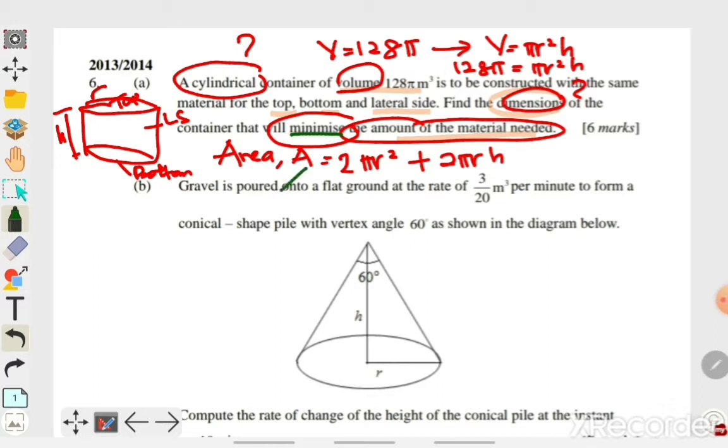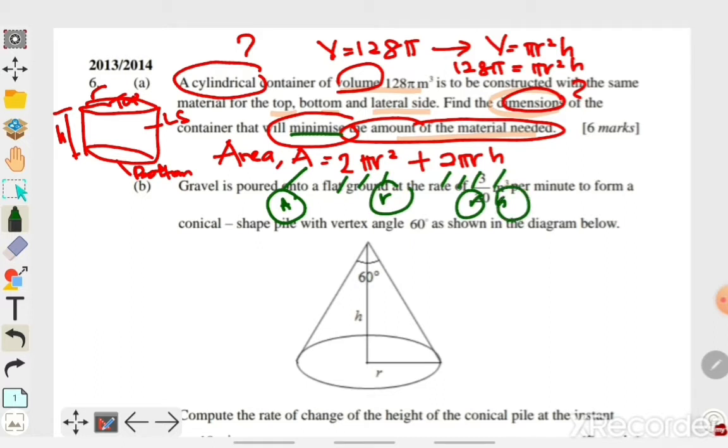The variable A is okay for the left hand side. 2 is a constant, pi is a constant, 22/7. R is a variable, which is unknown, and h of the container is also unknown.